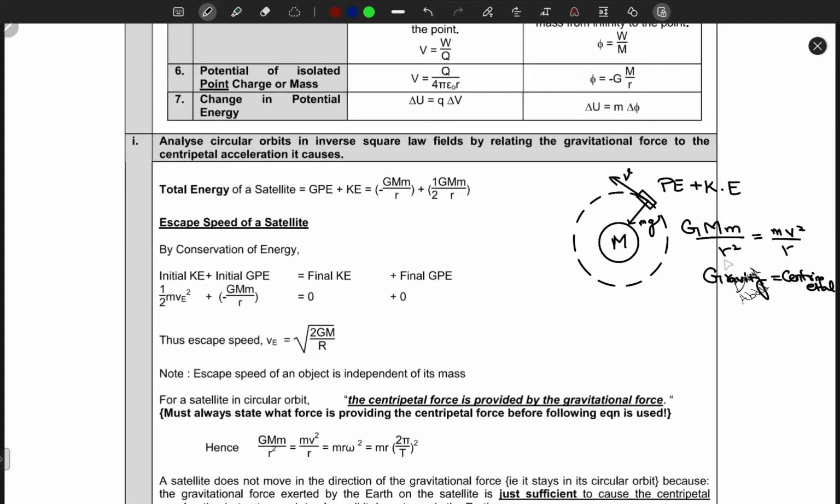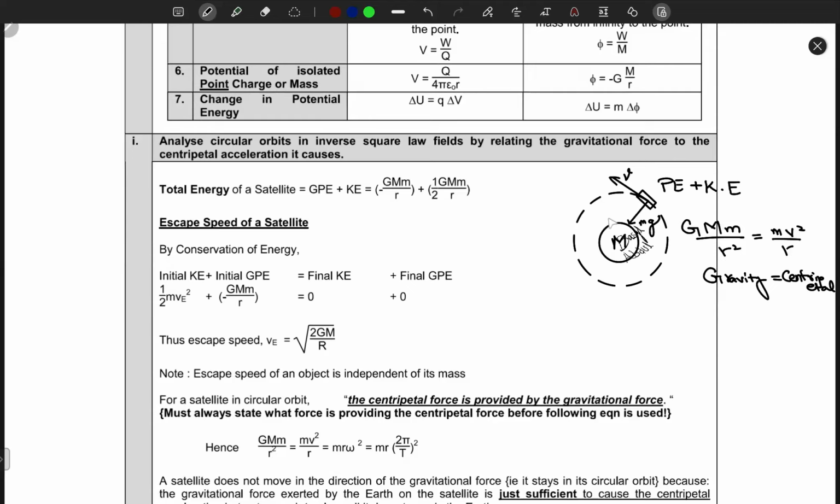And so what you can also do is compute what is known as the escape velocity. And by the name, it's really clear that escape velocity is the velocity that this satellite would need to overcome the gravity of the Earth, and so it would really escape the surface of the Earth, right? Now, how can I figure that velocity out?